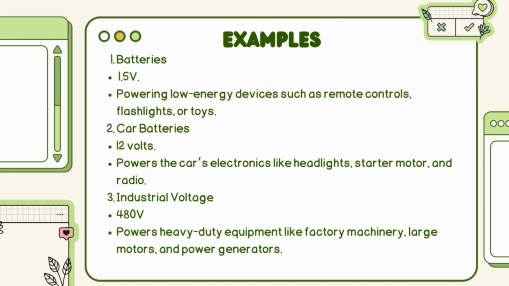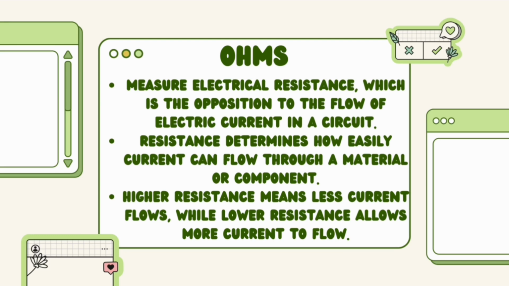It powers heavy-duty equipment like factory machinery, large motors, and power generators. Next is resistance, which is the opposition to the flow of electrical current in a circuit. Resistance determines how easily current can flow through a material or component. Higher resistance means less current flows, while lower resistance allows more current to flow.